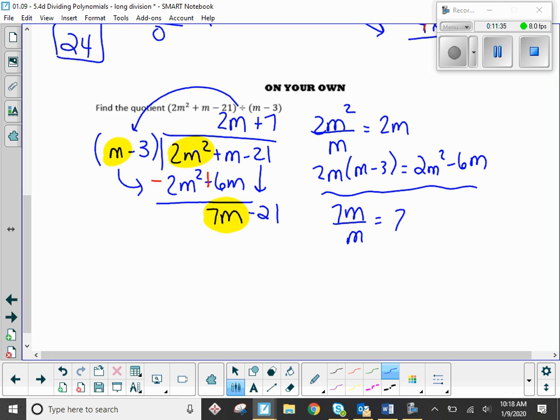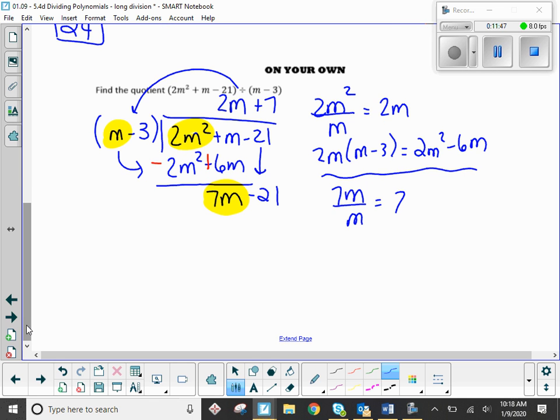Did you see this minus here and figure it kind of has to be a minus above it? Okay, no. Whatever you get here, that's going to be what your sign is, all right? So then 7 times the m minus 3, and you bring that down. That's 7m minus 21.